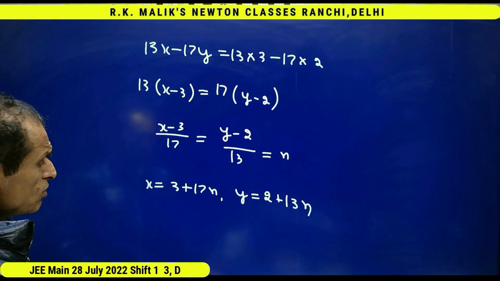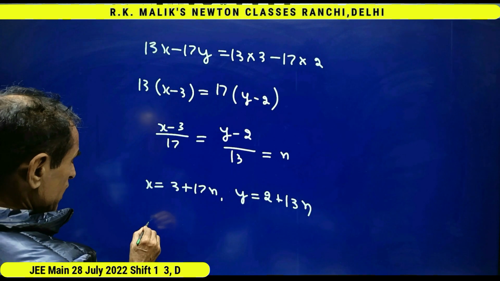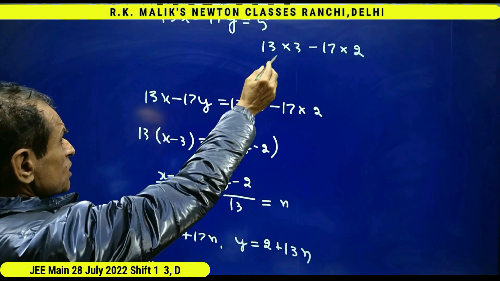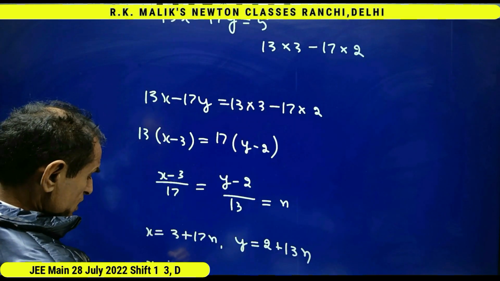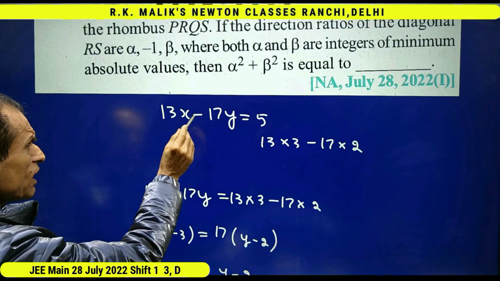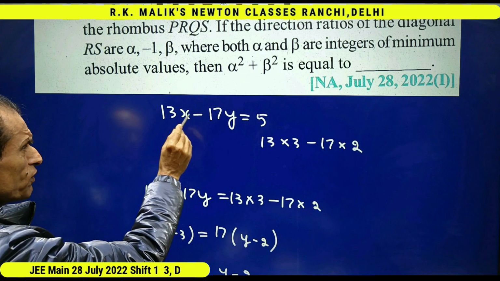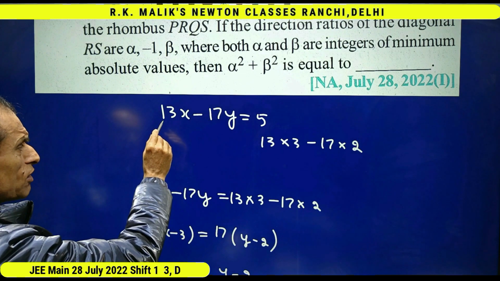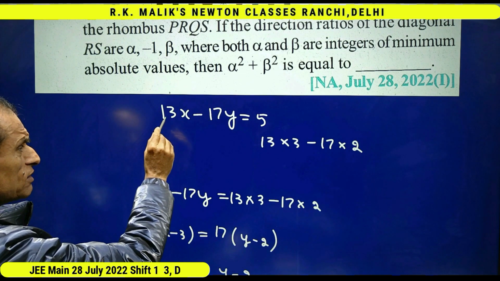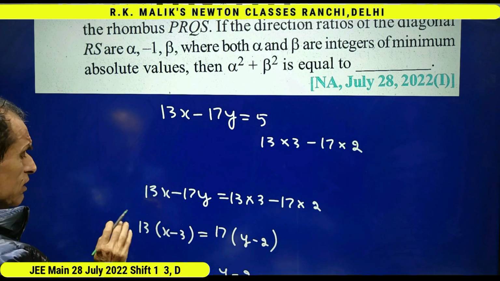Or directly you can write it this way also: x equal to the number you had got, 3, and looking at these coefficients, this coefficient goes in the value of x, this coefficient goes in the value of y, and change the sign of any one of them.